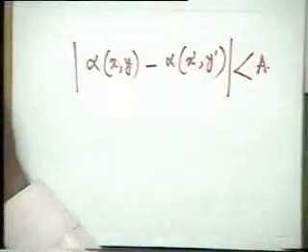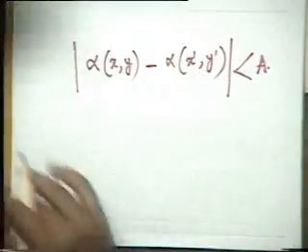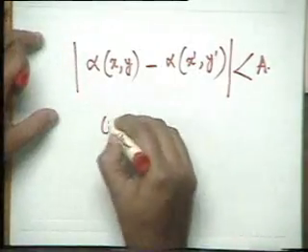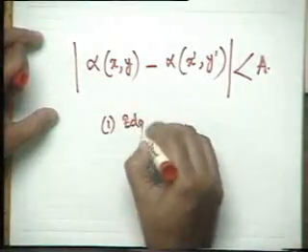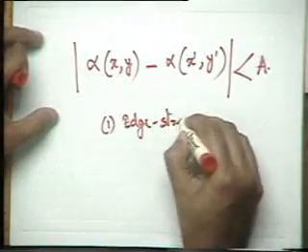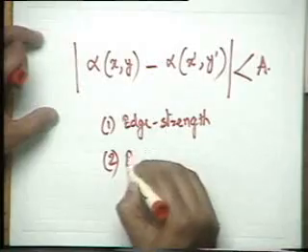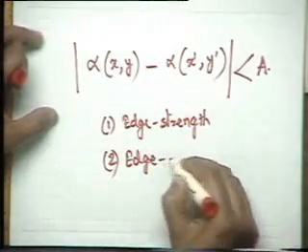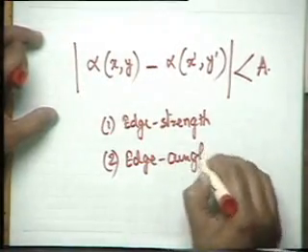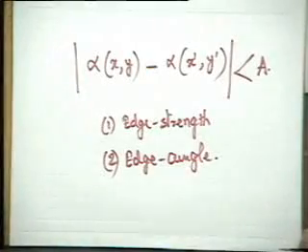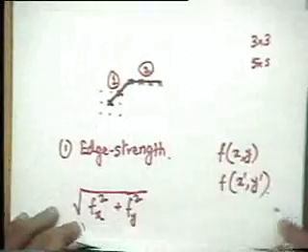So the two criteria, edge strength and edge angle, are the basis on which we can link the edge pixels.